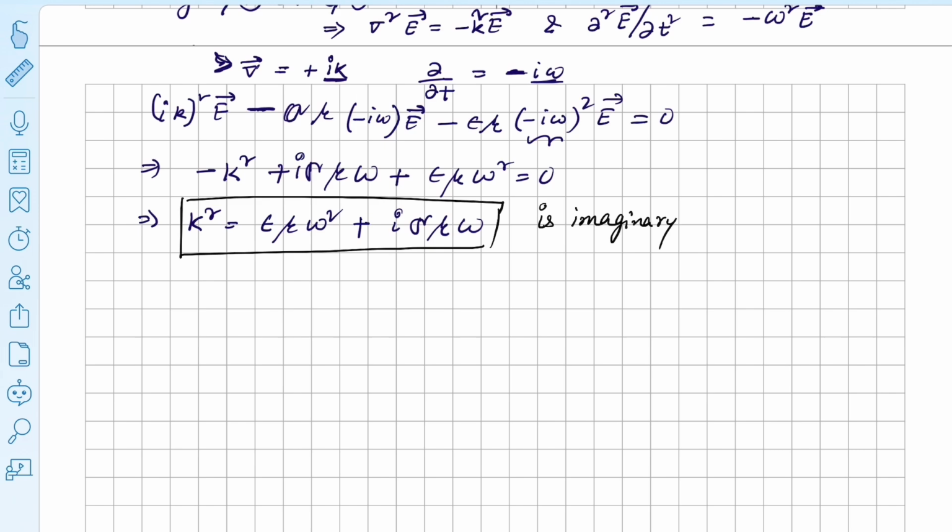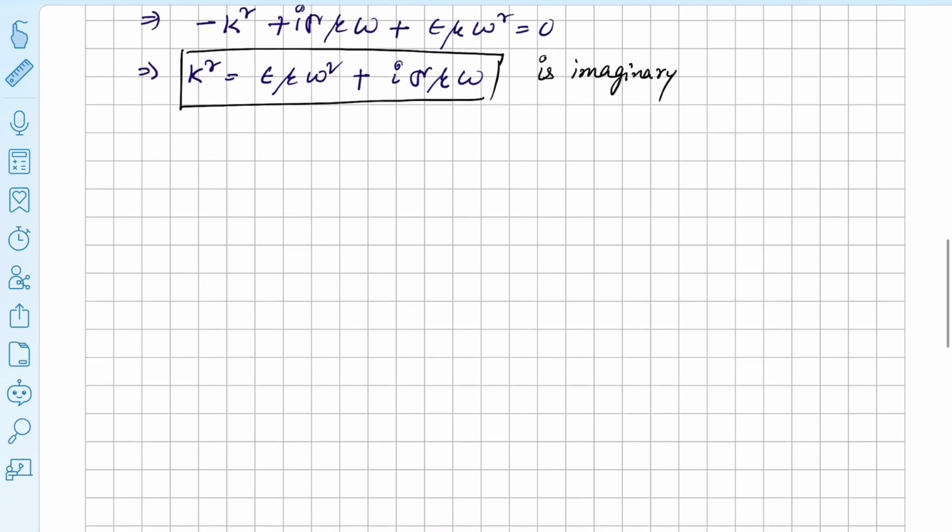So that's why, if it is imaginary, then this k can be expressed in the form of a complex number, that is k is equal to alpha plus i beta, right?